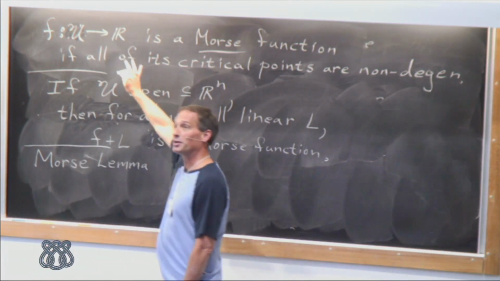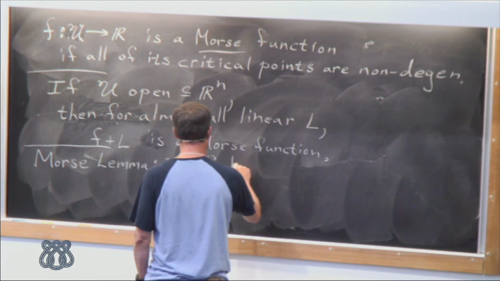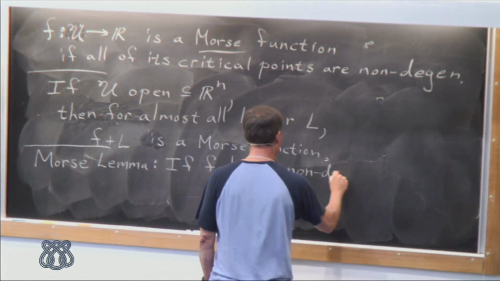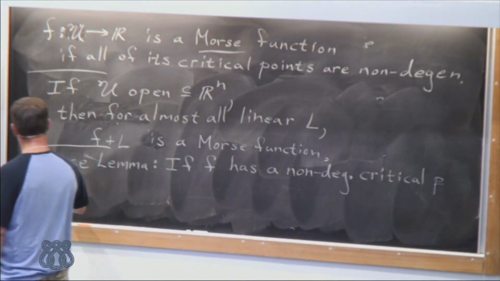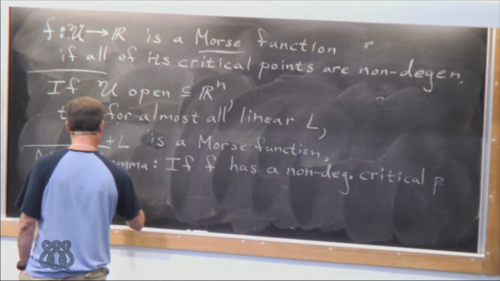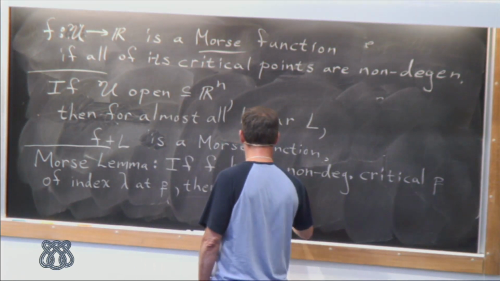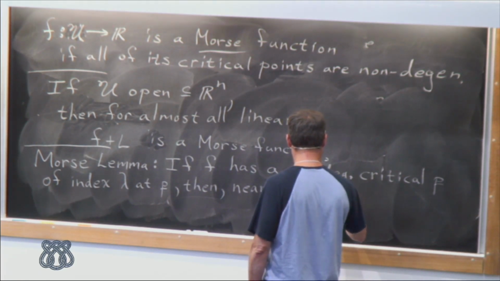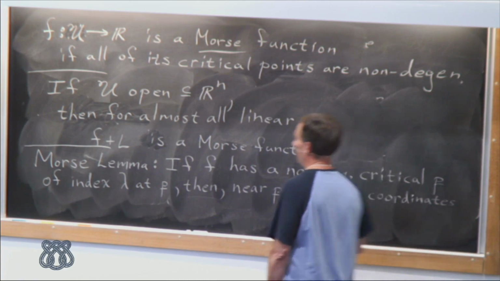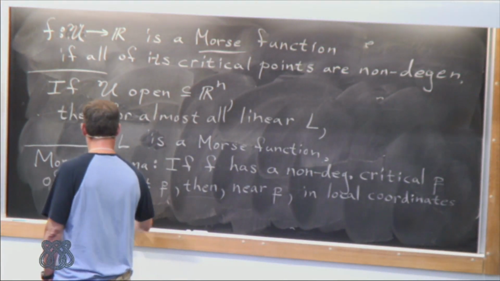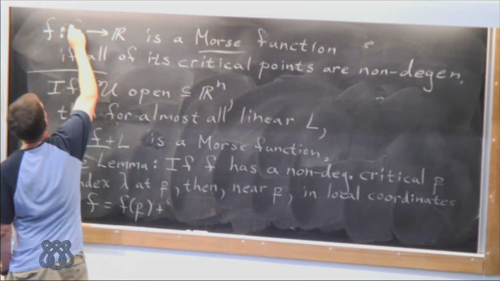So I'm still in the reals now. If F has a non-degenerate critical point of index lambda at P, then near P, in local coordinates, F equals the value of F at P plus, I don't know if I gave my manifold a dimension.